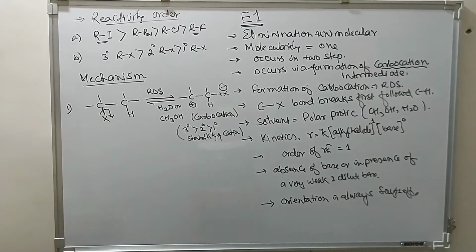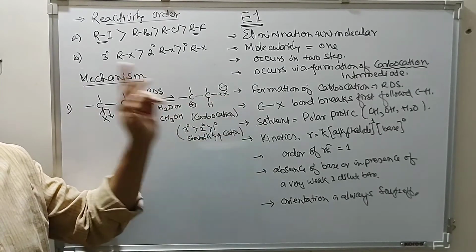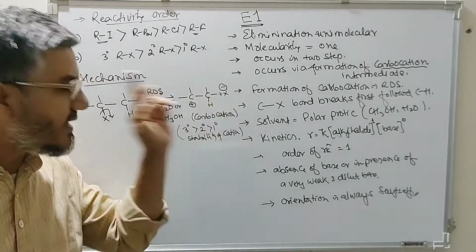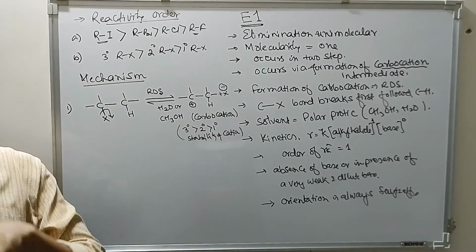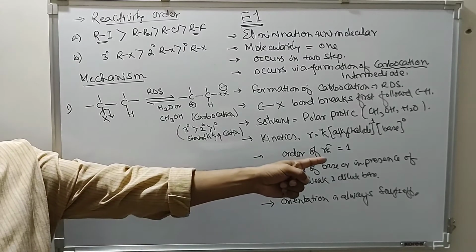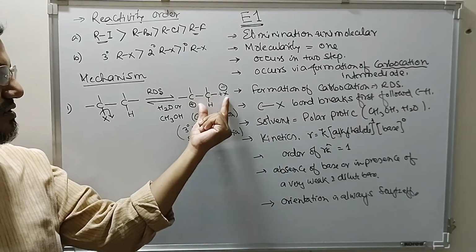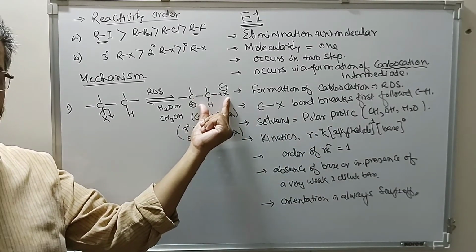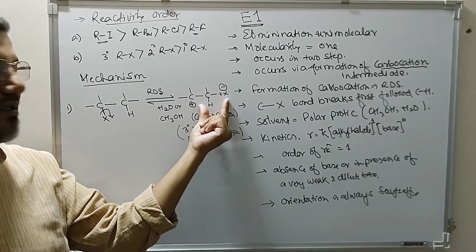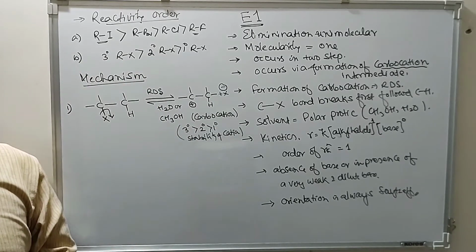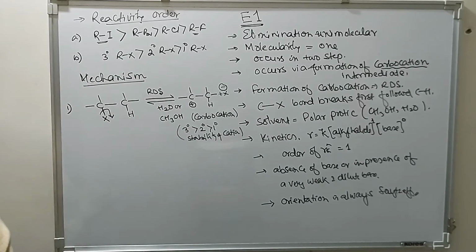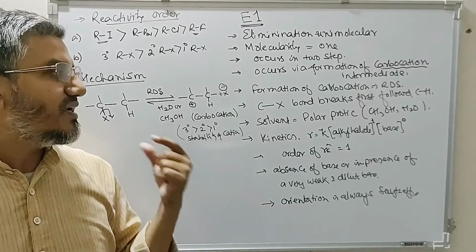Now look at this. In the first step, there is a formation of X minus. So this X minus and the positively charged cation should be stabilized by a polar protic solvent. There is a formation of charged species in the rate determining step, and these charged species can only be stabilized by a polar protic solvent.